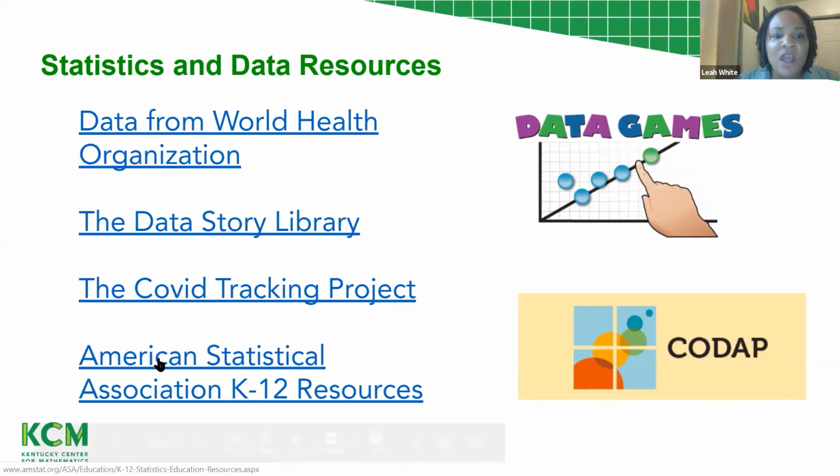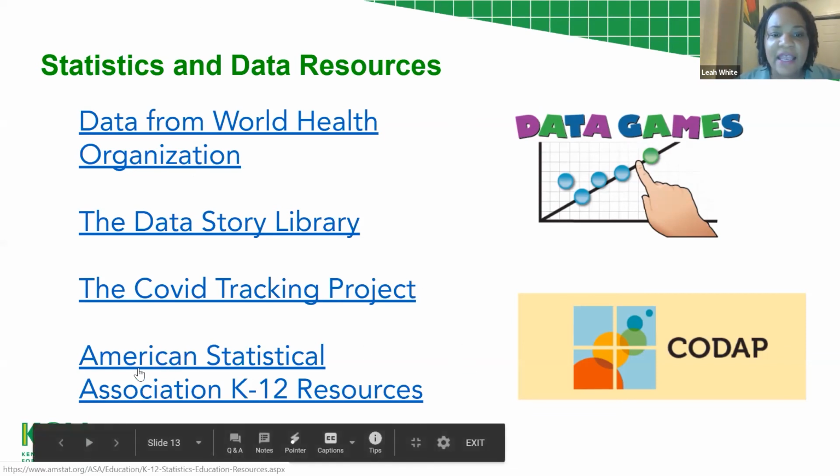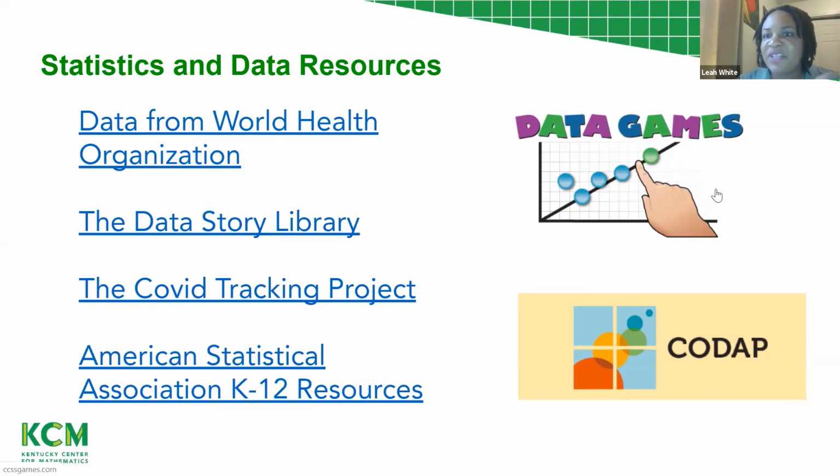And then also ASA has tons of K through 12 resources where I found this data game that was really cool. You can look into that, it kind of has kids make inferences about what they see. It's a manipulative that allows them to, kind of like the CODAP, move things around and look at the different colors and pictures to develop those conceptual understandings. So I wanted you to have those as well.